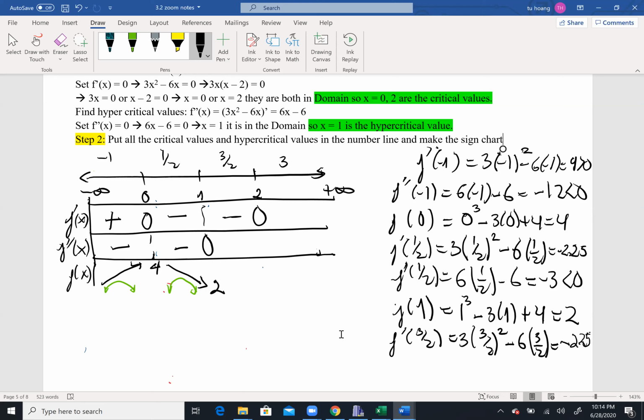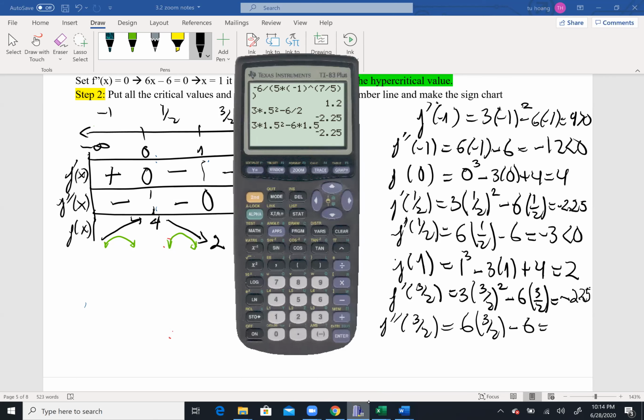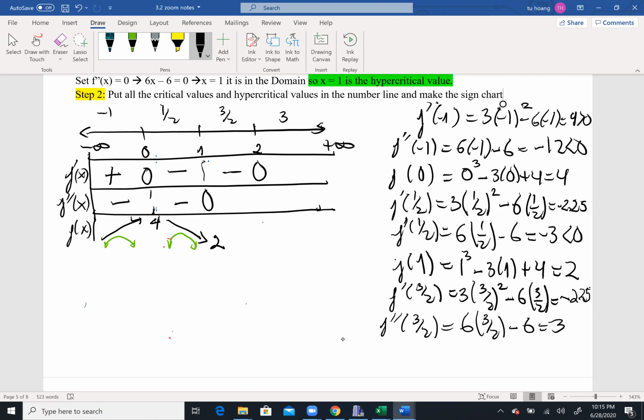But what about the second derivative of 3/2? We're going to have 6 times 3/2 minus 6. I'm pretty sure it is a positive number, but let's check. 6 times 1.5 minus 6 gives me 3. That is positive.